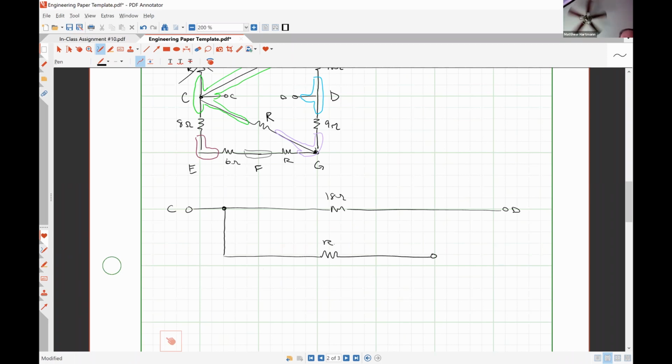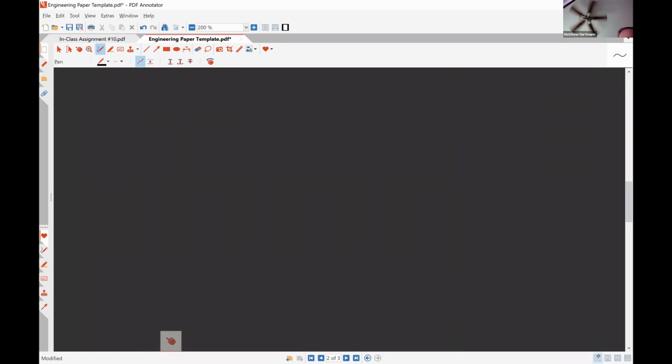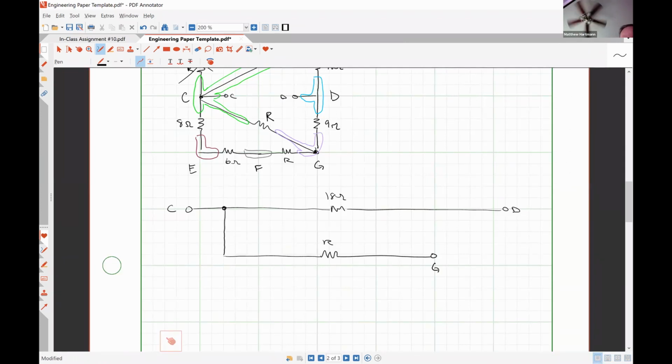And from G to D, there was a 9 ohm resistor. And now I have my path from C to E, where we had an 8 ohm resistor.